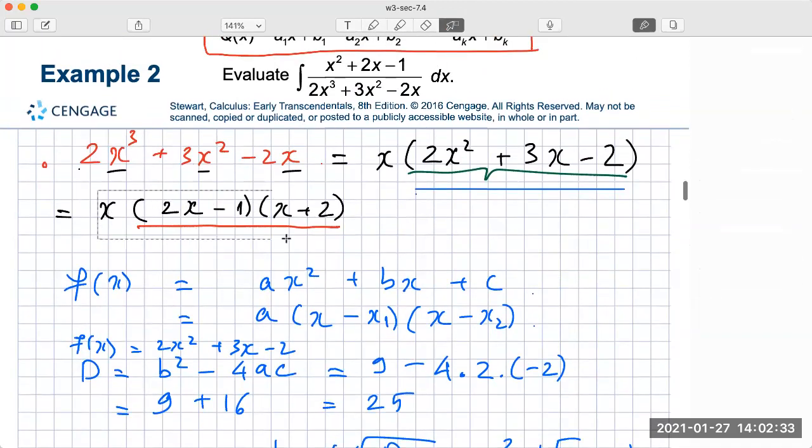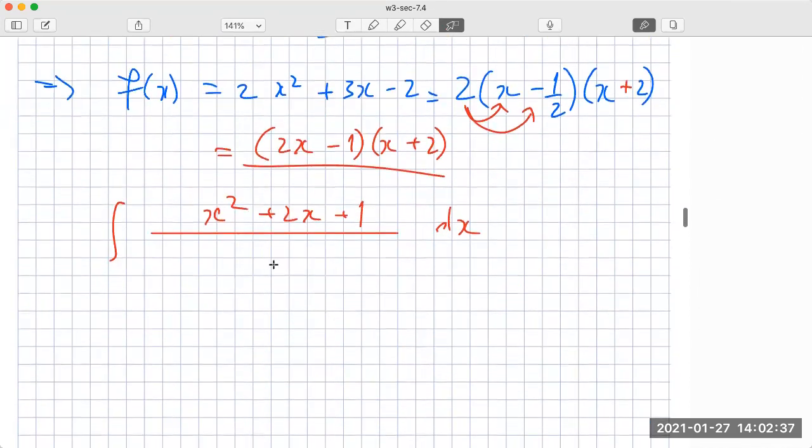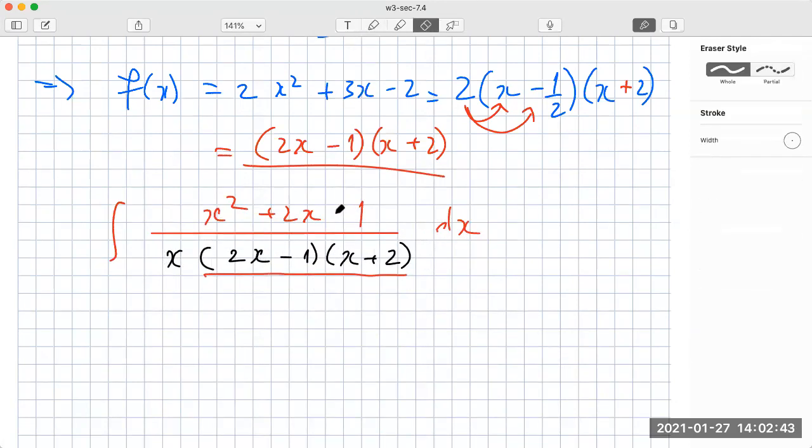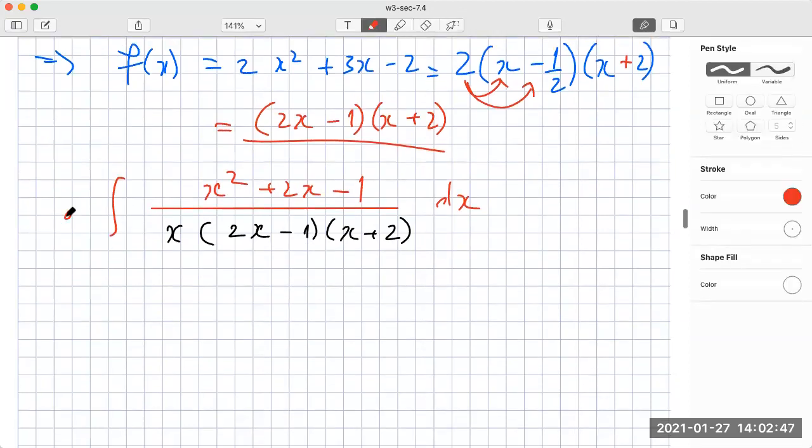Okay, we can rewrite it this way. So we place it here. This is minus 1, right? So the problem becomes this guy, okay? Go back to the strategy for case 1.